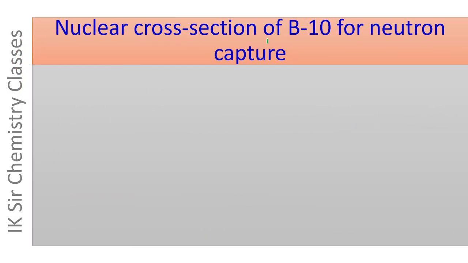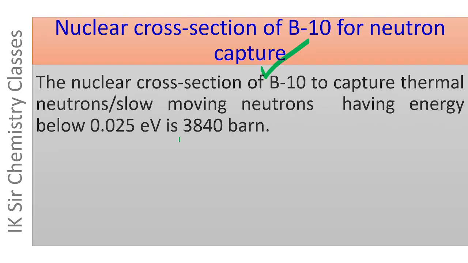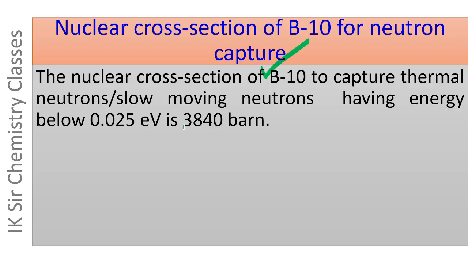Nuclear cross section of B10 for neutron capture. The neutron capturing nuclear cross section of B10 is 3840 barn for neutrons having lower energy than 0.025 electron volt, that is, for thermal neutrons and slow moving neutrons.